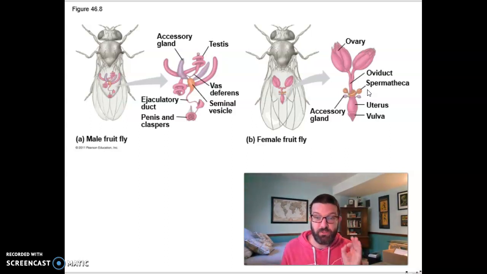Sometimes that plug is just the tip of the male's penis. They'll break it off at the end, and they'll leave it there to block. Or sometimes males have scrapers on their penises that will scrape out other male sperm and semen when they're depositing their own sperm and semen, so that they have more there. It's more likely to fertilize the eggs that she has inside her.